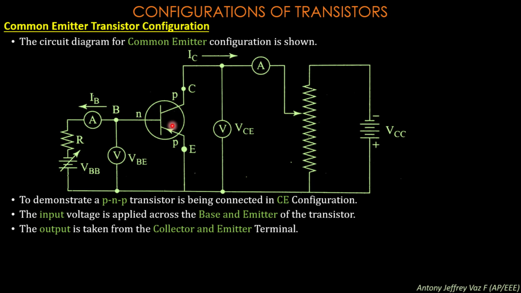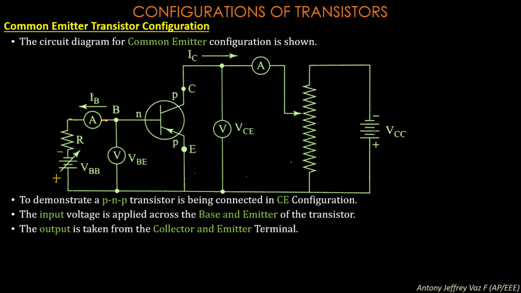Now going deeper into this circuit, the base emitter junction of the transistor is being forward biased. How is it being forward biased? You may check these things. The VBB voltage is negative here, and here it is positive. When going through this, the electrons start to flow.